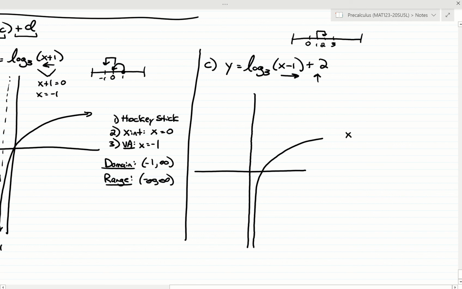So now the x-intercept is going to be 2. And the vertical asymptote, normally at 0, but if you're moving 0 to the right 1, it's going to be 1 now.